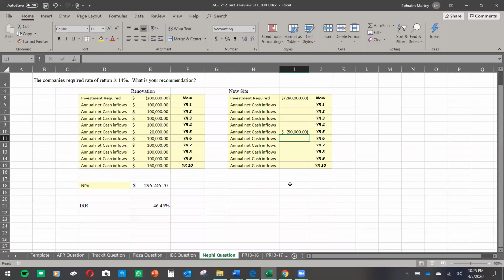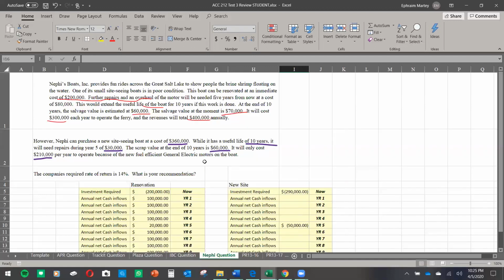So we have scrap value the same as the salvage value. If we get rid of the machine, we will have 60,000 coming to us in the 10th year. Now, it will only cost 210,000 per year to operate, because of... understand this one.